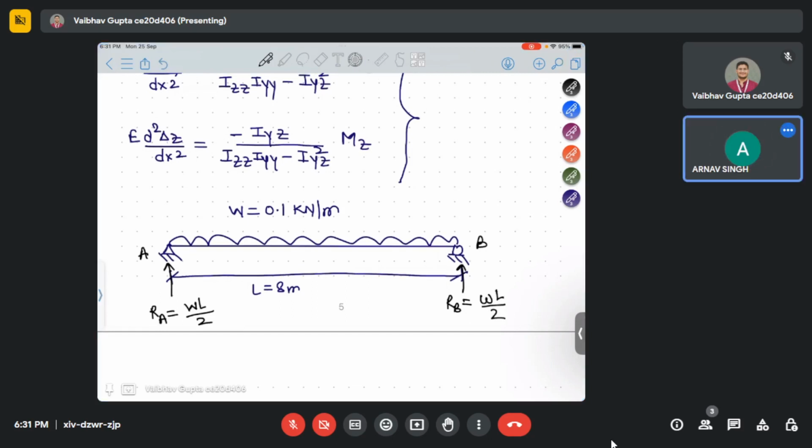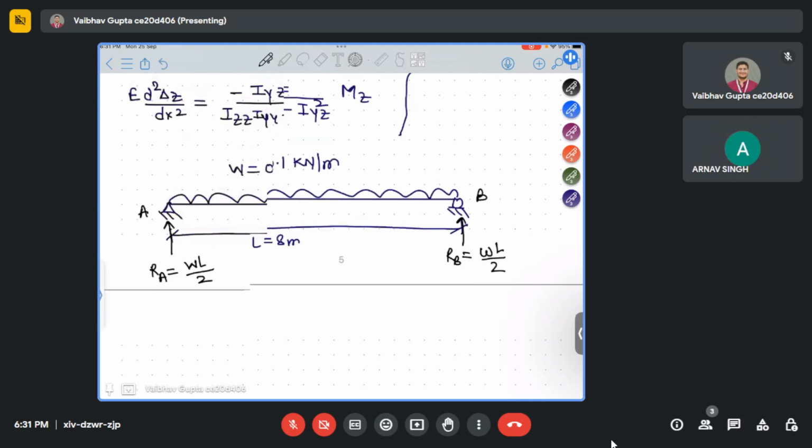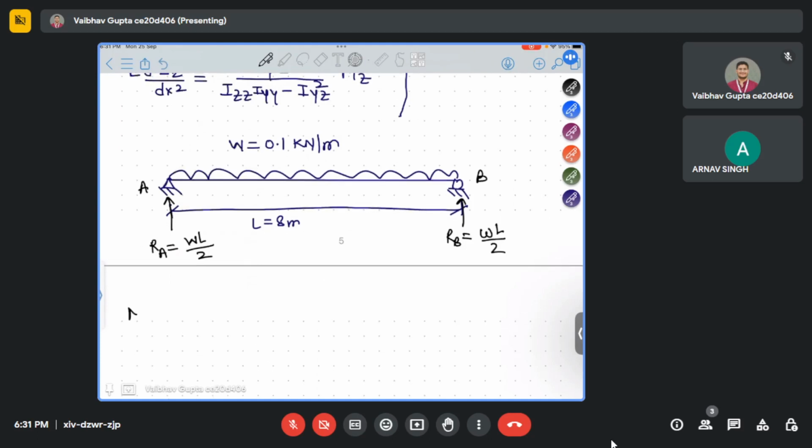Okay, since loading is per unit length, you will multiply by L, so it will become WL. Since it is symmetric, it will distribute half-half. So WL by 2 and WL by 2. Got it? Yes sir. Okay. Now, what is the mz moment expression you will get?